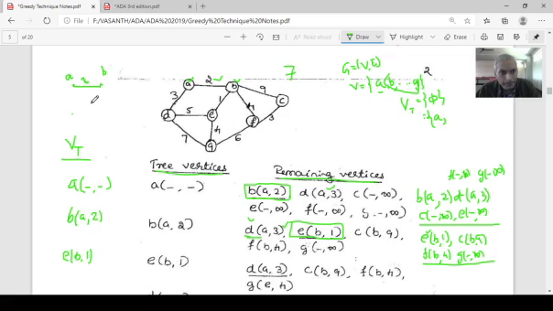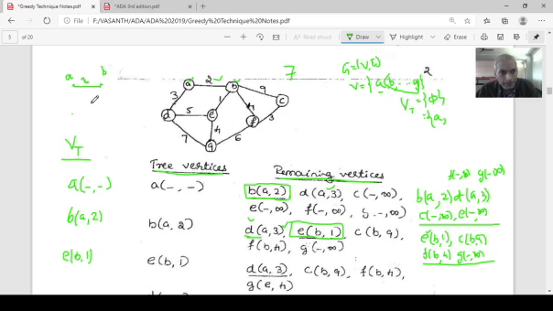From B to E, the cost is 1. This should be another graph, right? In each step you have to keep on drawing a subtree in your examination. Clear? So now how many vertices came here in our tree? 3 vertices came, totally 7 are there, still 4 remaining, right?